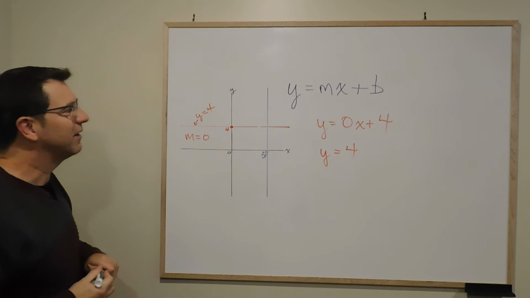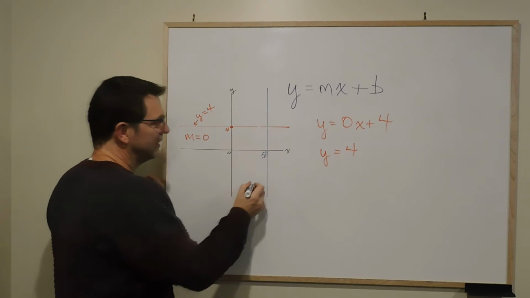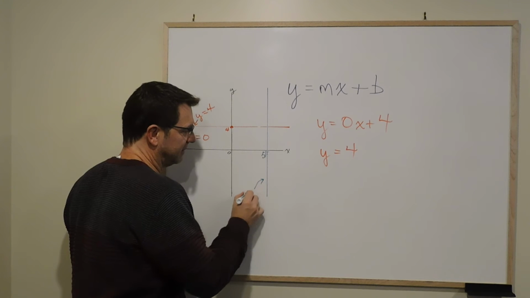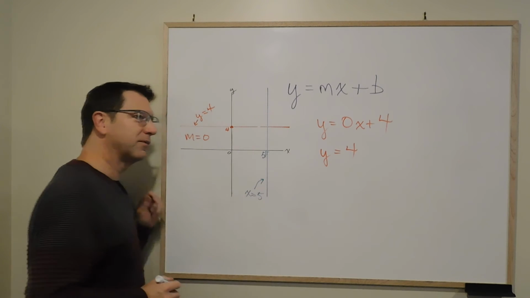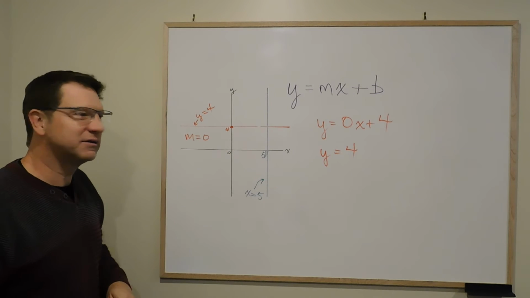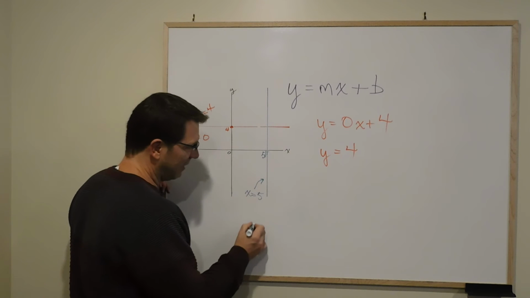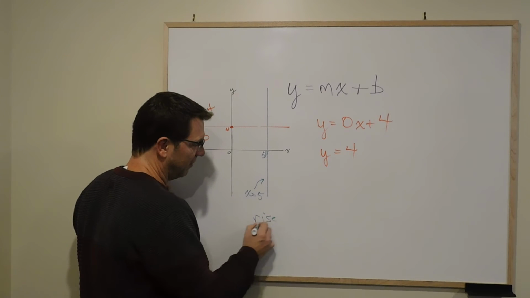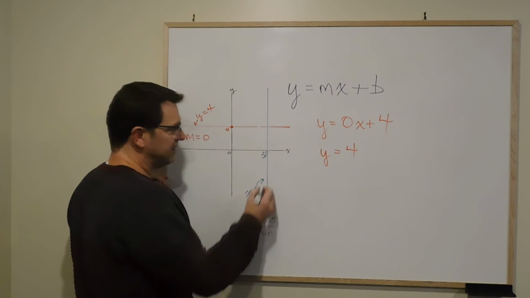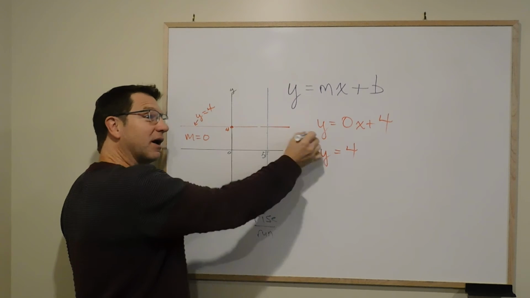Now in this case, remember we talked a few slides ago that this was x equals 5. Now, I can say, well, this theory about y equals mx plus b, the problem is, if you look at it, a slope of rise over run, to get from any point to any other point, I rise, but I never run.